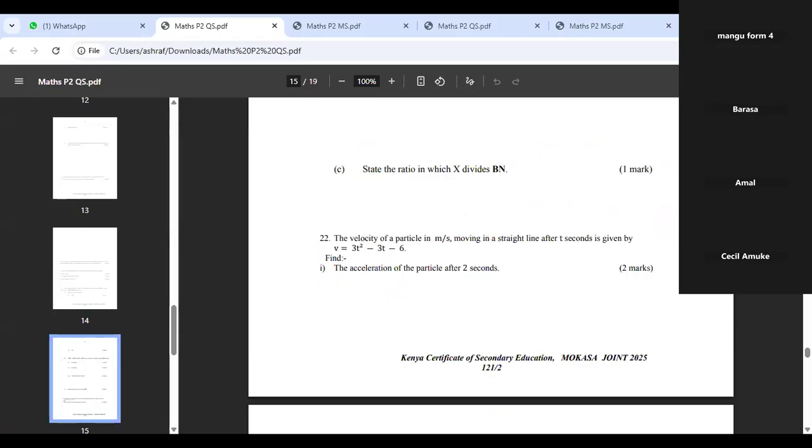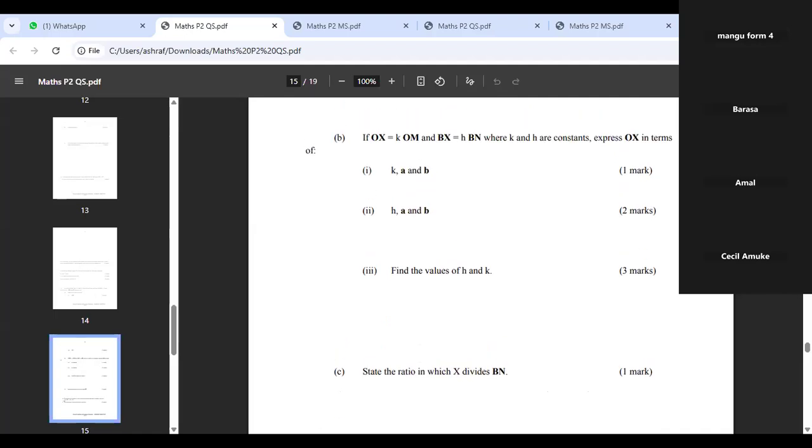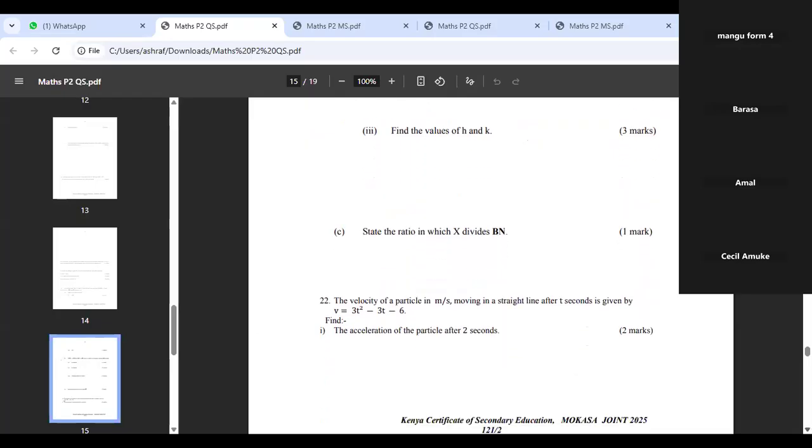So if you want to find the ratio, you can find BX. So BX is equals to, it was supposed to be equals to what? According to the diagram, BX was HBN. Are you together? BX was HBN. And you have already found the value of H. H is 6/7. So BX is 6/7 BN.